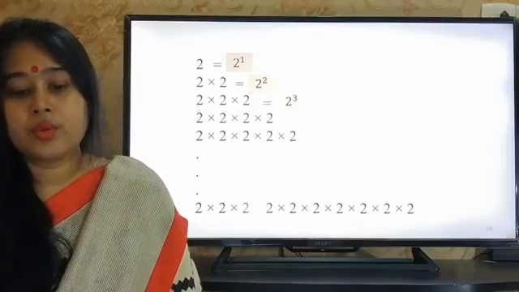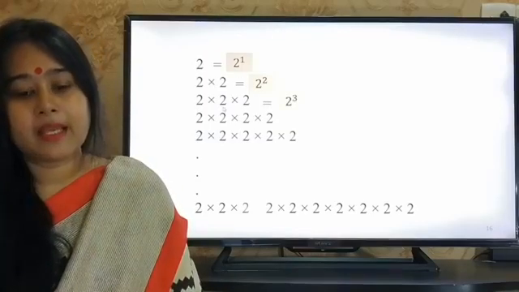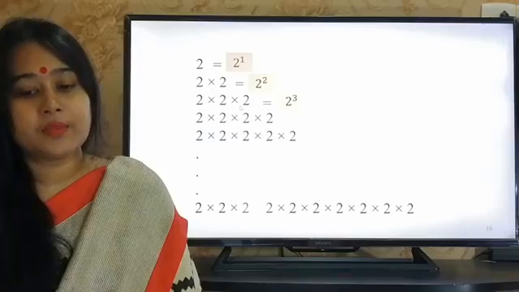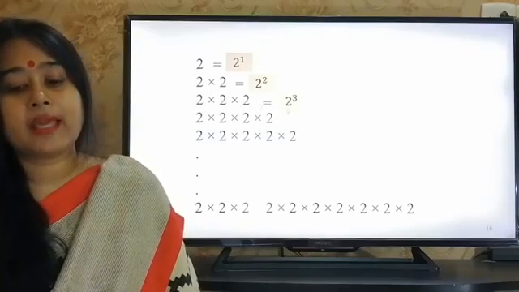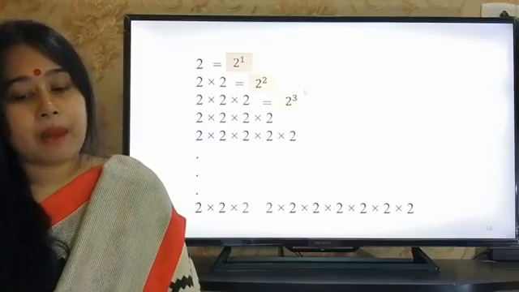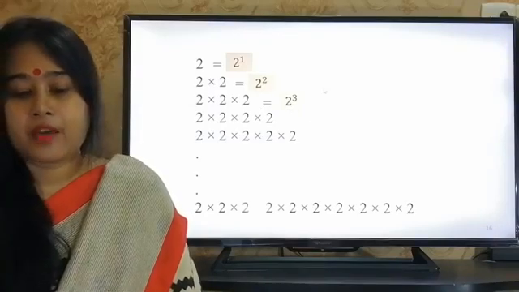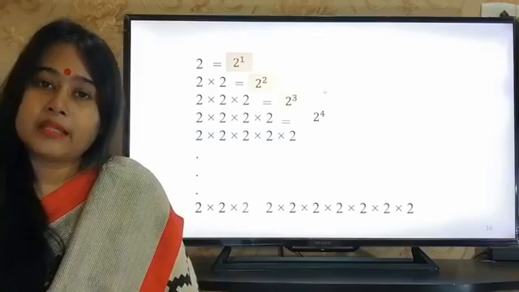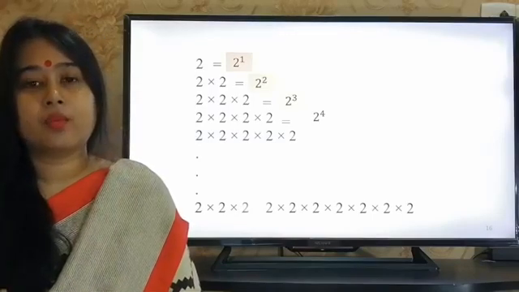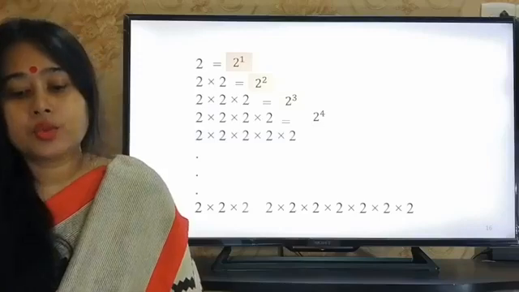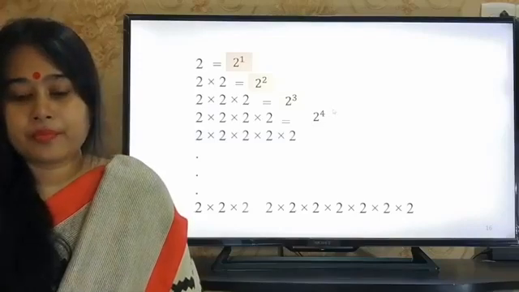And for 2 multiplied by itself 3 times, for this repeated multiplication, we can write 2 to the power 3. For 2 multiplied 4 times, we can write 2 to the power 4.